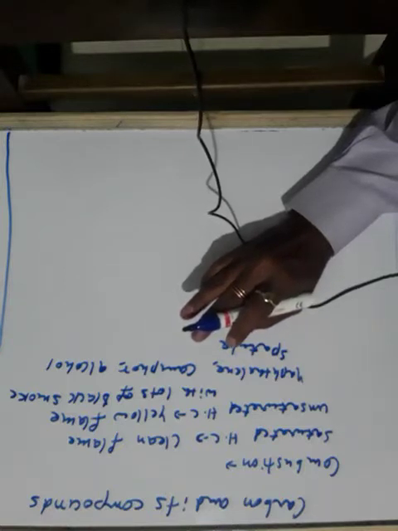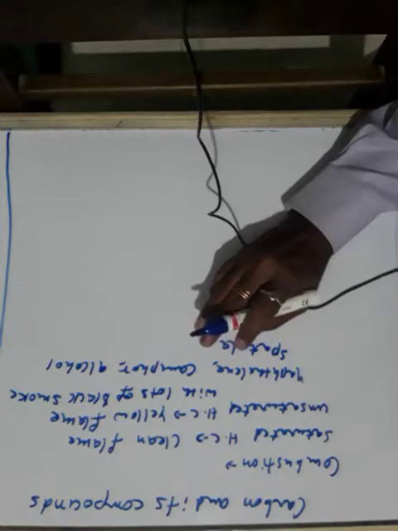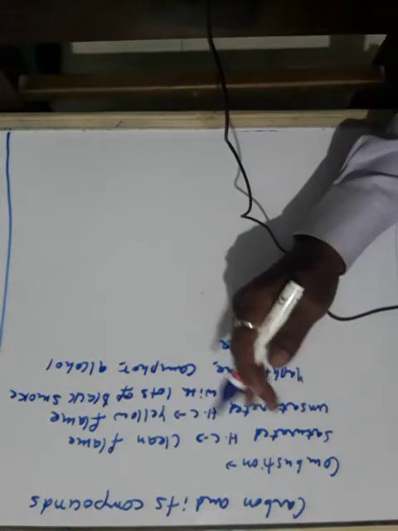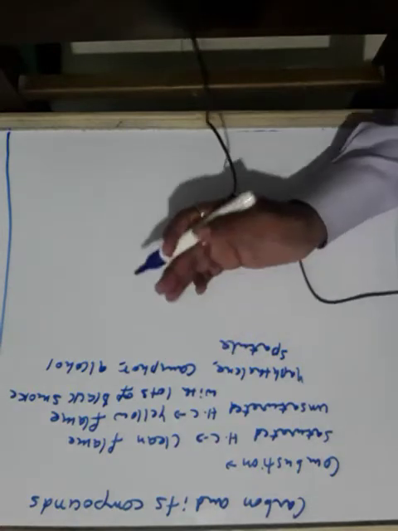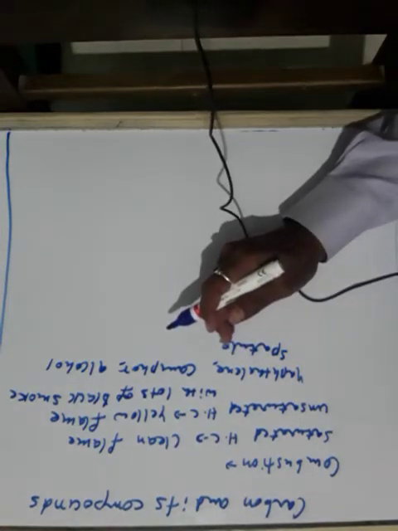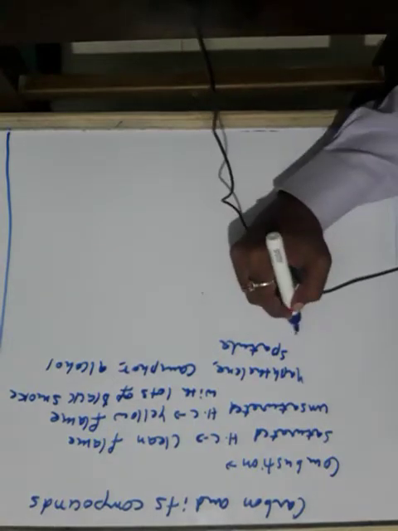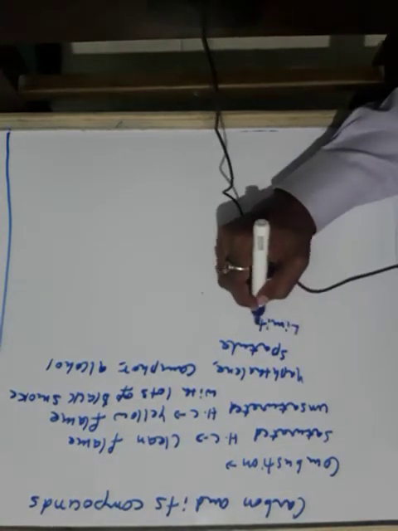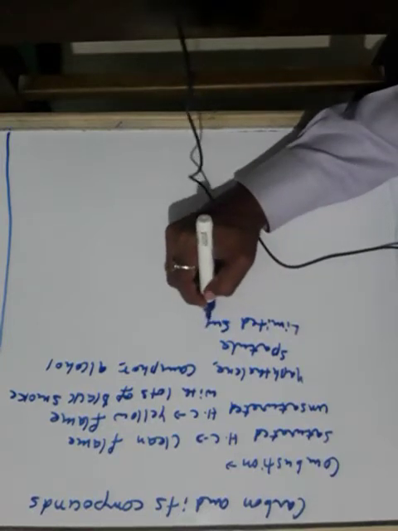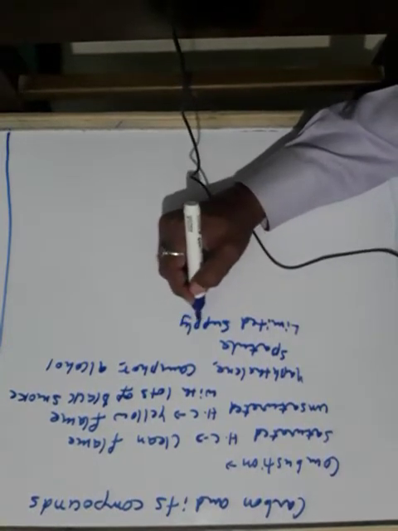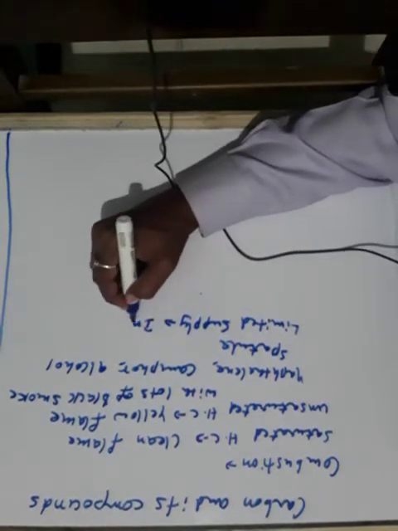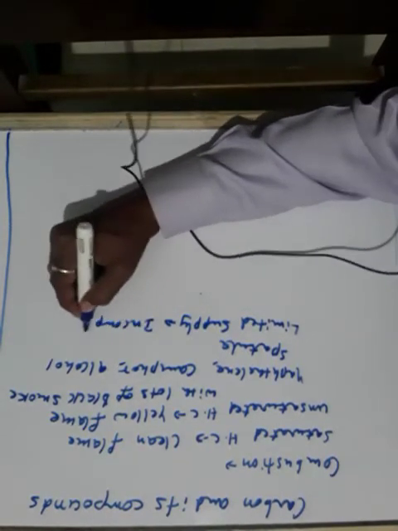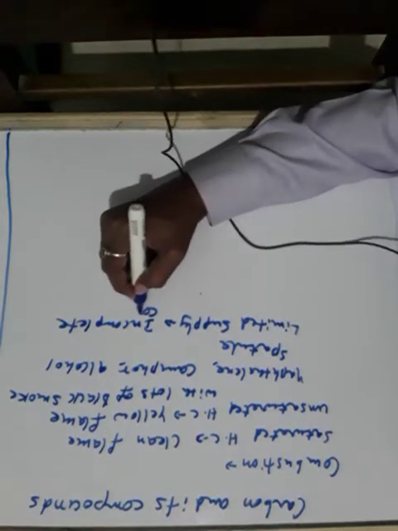However, you may think that every time our LPG gas is not clean. There is one more reason: if there is a limited supply of air to these carbon compounds, they will undergo incomplete combustion.